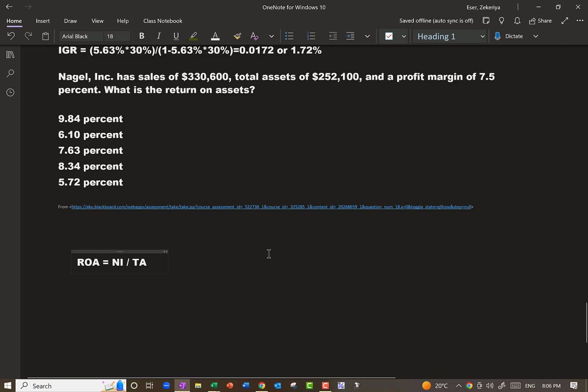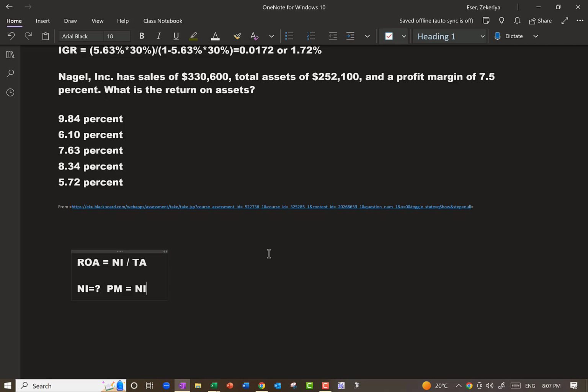So we're going to figure out a way to figure out net income. What among the things that we're given involves net income? Well, we have the sales. Sales doesn't involve net income, it's just a number. There is something over there that involves net income in its computation: the profit margin.